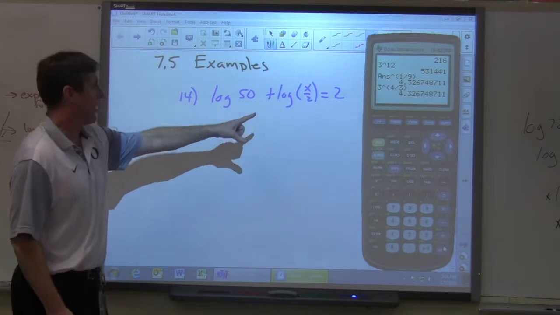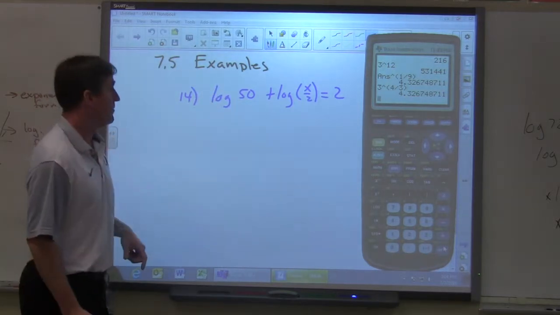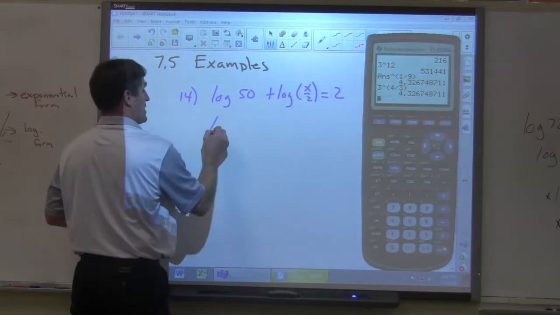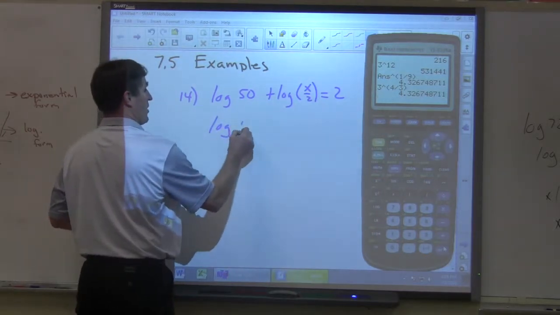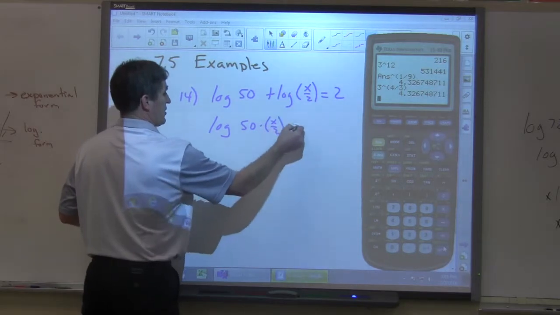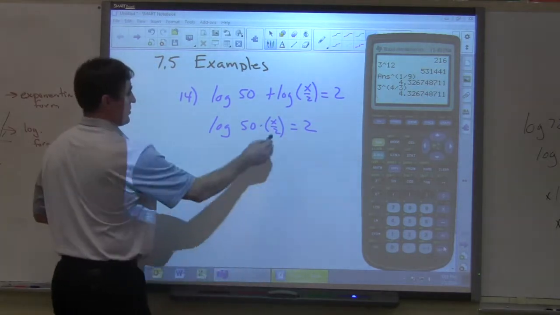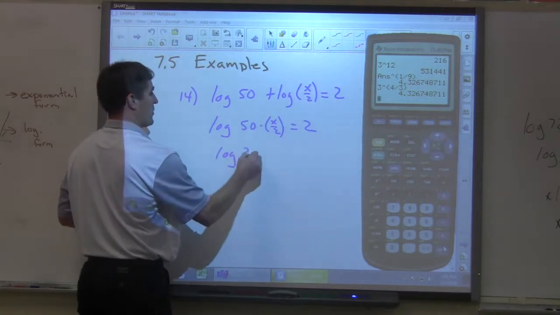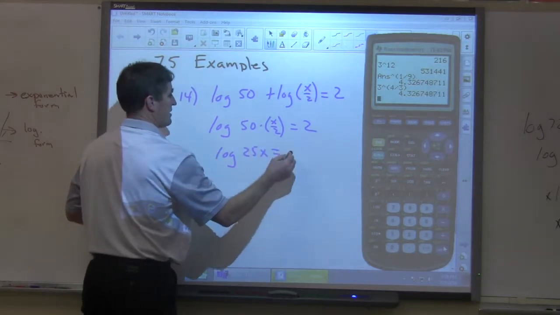But now we have 2 logarithms, so we need to get it down to 1. So we want to remember that addition can be rewritten as multiplication, so that becomes log 50 times x over 2 equals 2. 2 goes into 50 25 times, so we get log 25x equals 2.